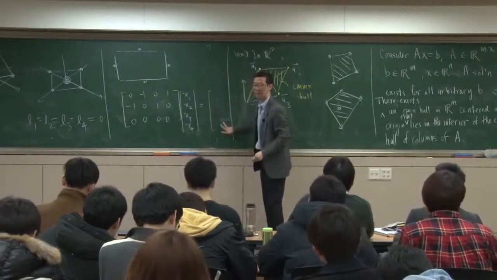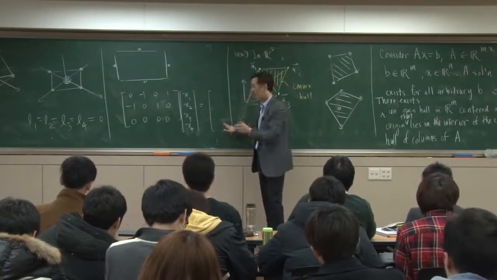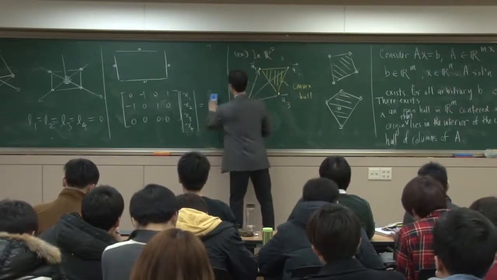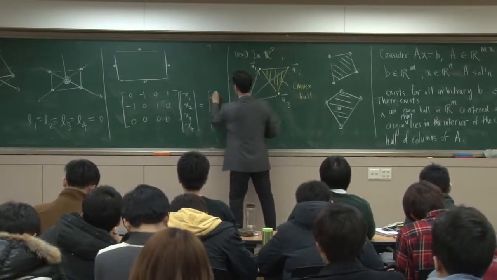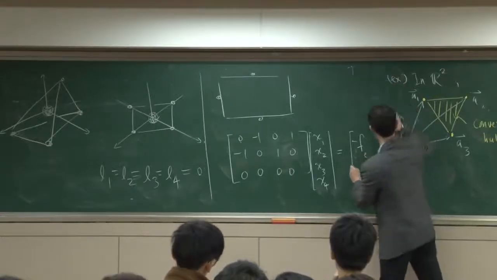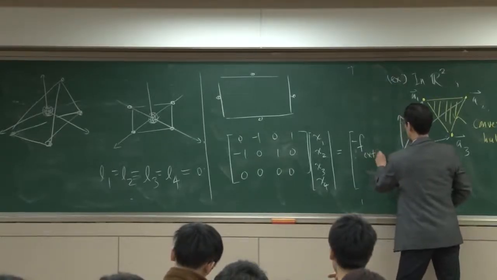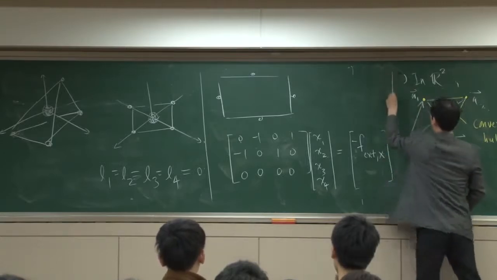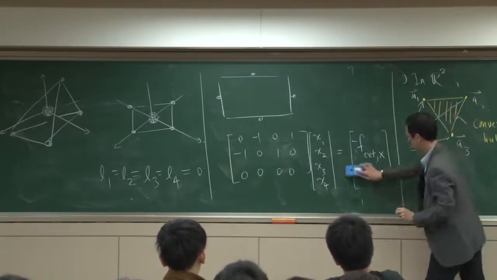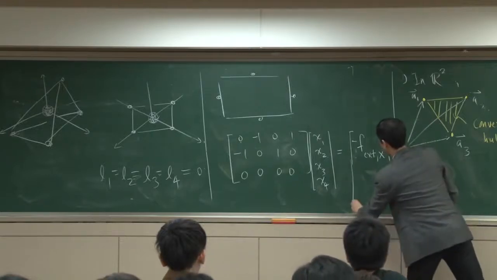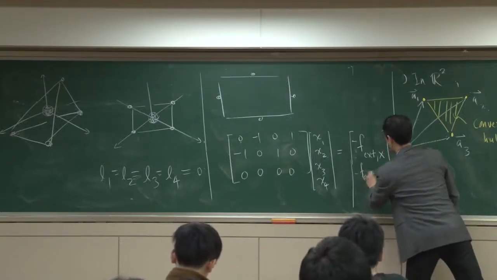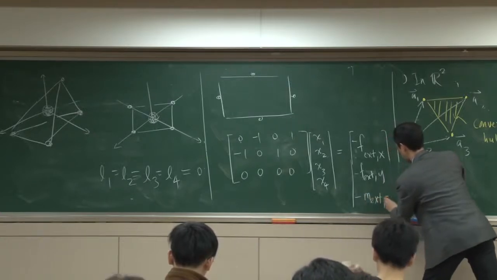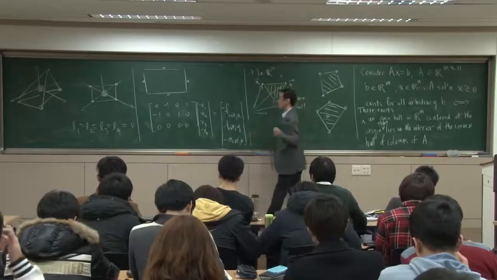But now let's remember what the b1, b2, b3 were. That's just the external force, the negative of the external force in the x direction, negative of the external force in the y direction, negative of the external moment, z component. So it's that.